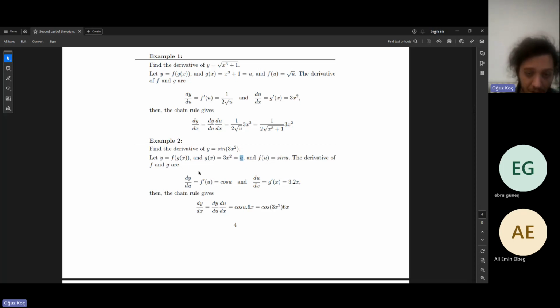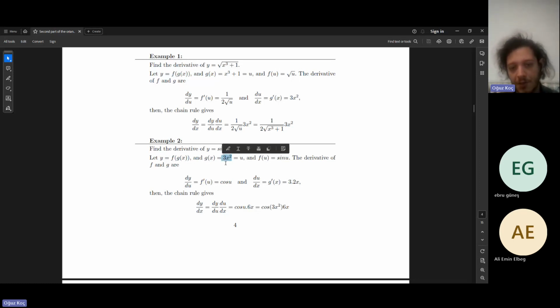The derivatives of f and g are calculated by simply taking the derivative of y in terms of u. As you know, we already talked about the derivatives of trigonometric functions. The derivative of sine is equal to cos u. And then we have the derivative of u in terms of x.